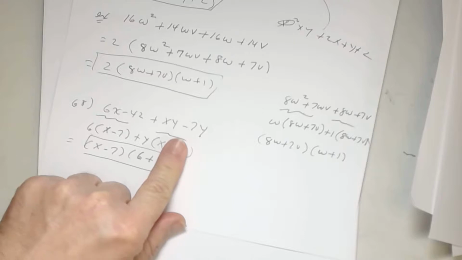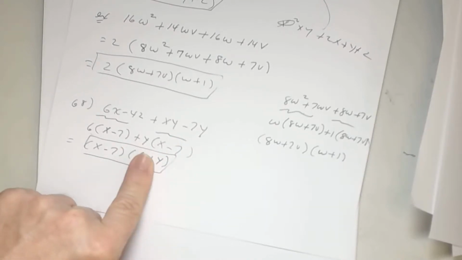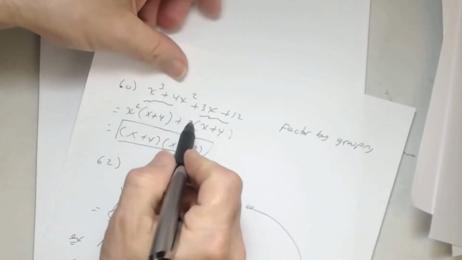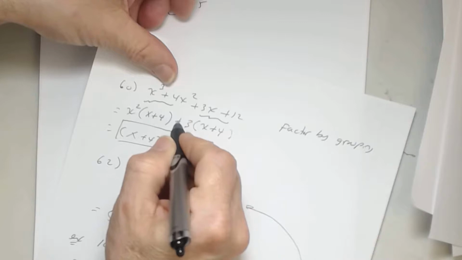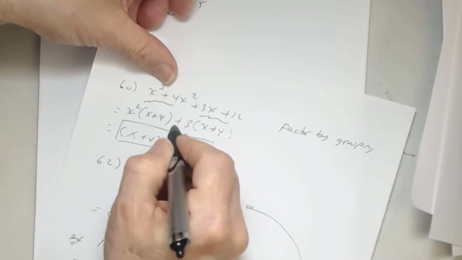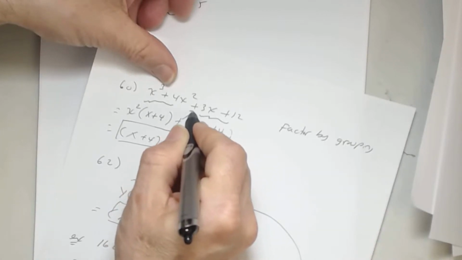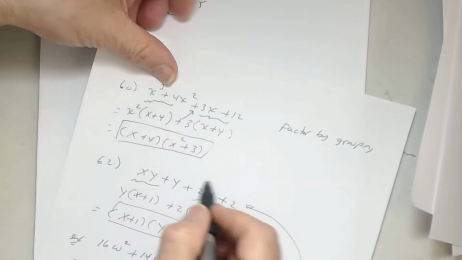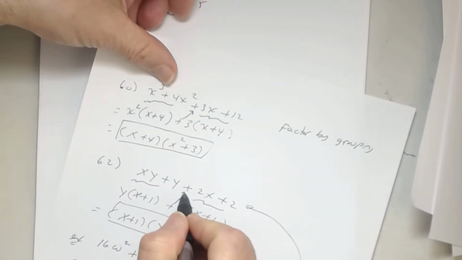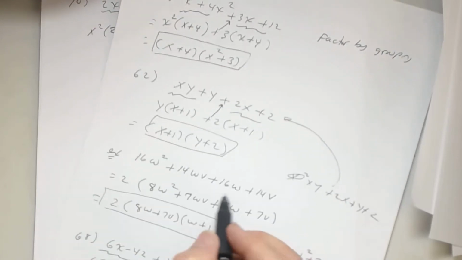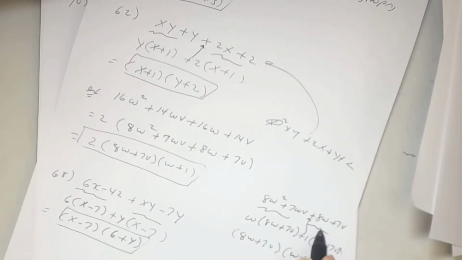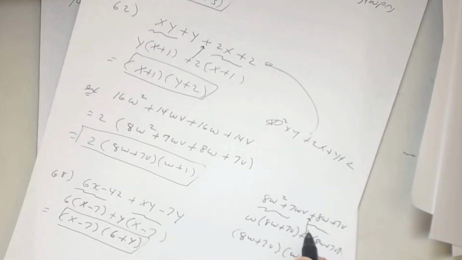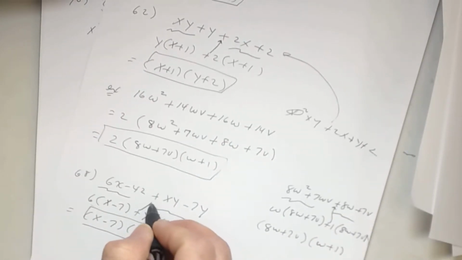Y. When I wrote it as what? Plus y. So if you look at each one of those, when I wrote that second set of parentheses, this operation came from this sign here. This operation came from this sign. This operation came from this sign, that third sign. This operation came from here.